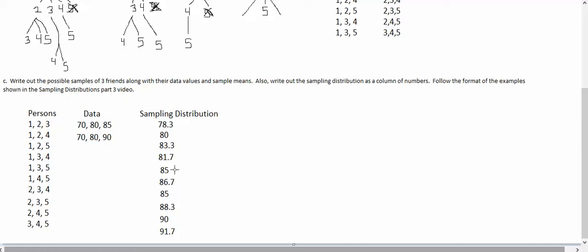First I just need to decide what tick marks I think are appropriate. It looks like the numbers go from 78.3 to 91.7. So I don't want to list every single number on my x-axis, but I could start at 75 and just go up by 5s.